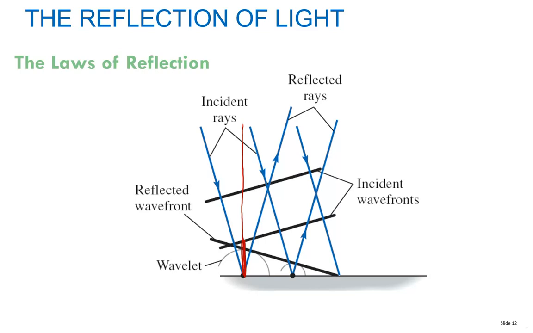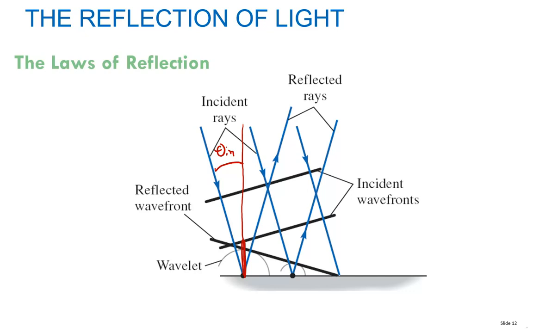Every time I say normal, I have to remind you, normal means the direction that is directly coming out of the surface, perpendicular to any line that you draw on that surface. You draw any line, if it goes through the point, the perpendiculars to all of those lines are going to be the normal direction. And then we just measure the angle between our incident ray and that, and we call it the incident angle.